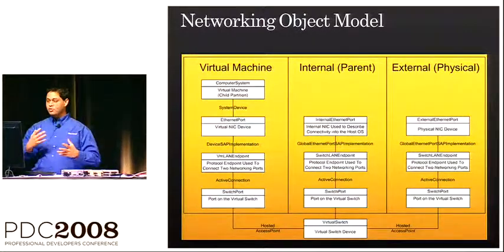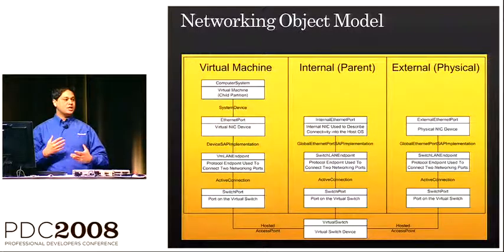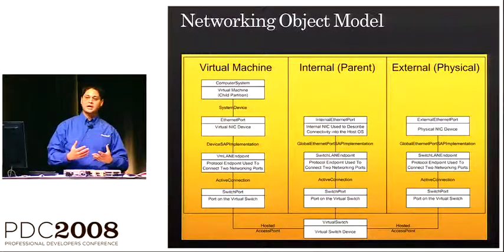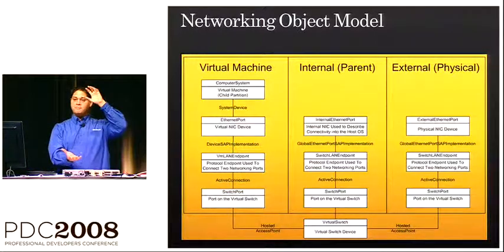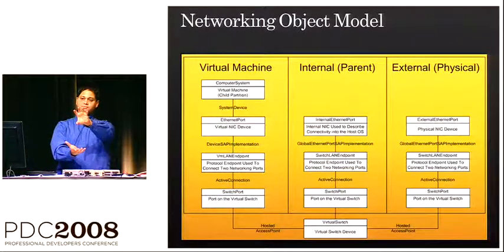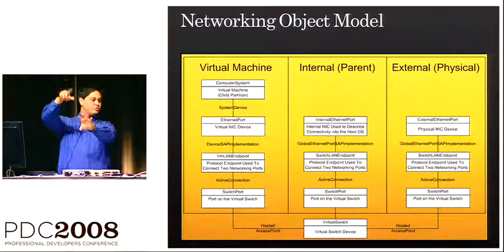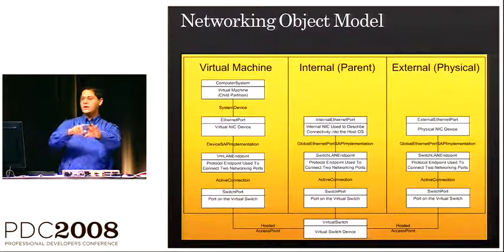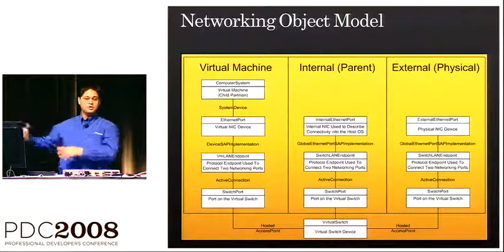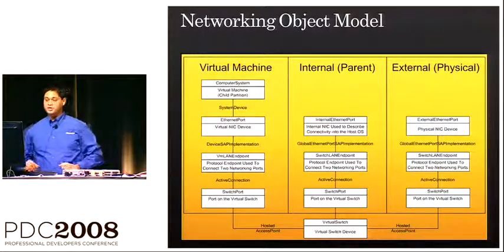So the way that the switch actually ends up inserting itself into the stack is you've got a NIC on the bottom, you've got a virtual switch in the middle, and that virtual switch will pipe up to various partitions. One might be your host partition, where in this case Windows Server 2008 is running, and other connections, you might have 10 other connections to 10 other child partitions where your virtual machines are running.